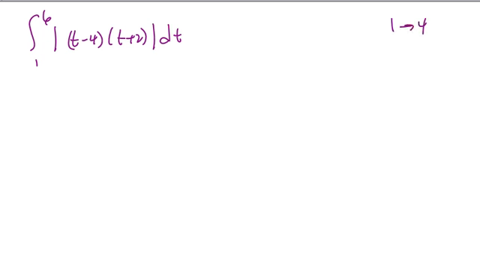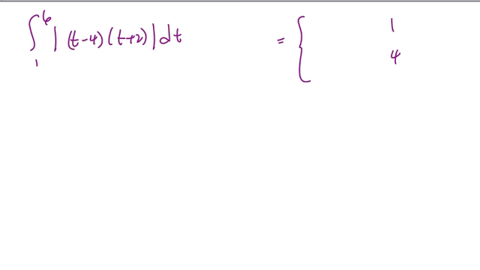So I'm going from 1 to 6, and I'm taking the absolute value of t minus 4 times t plus 2 dt, and we've integrated into two pieces, and remember it was from 1 to 4 was the first piece, and from 4 to 6 was the second piece. Let me write that out actually in more mathematical terms.